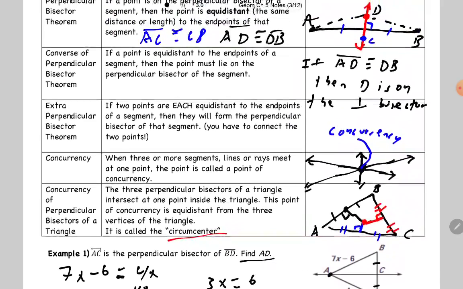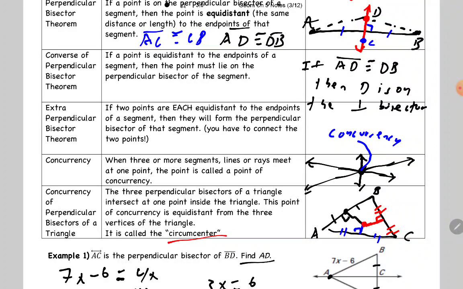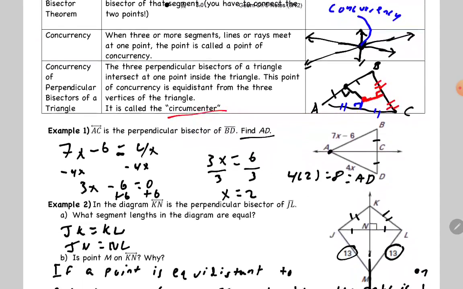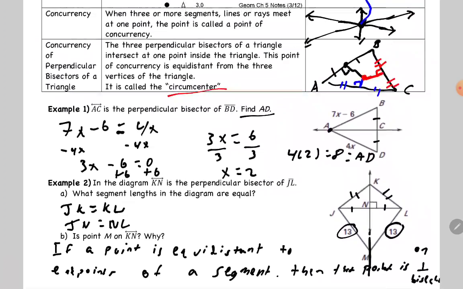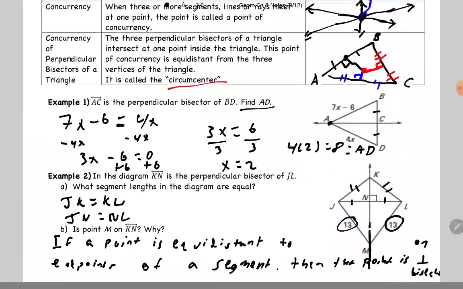And that is, right here, the converse. If a point is equidistant to the endpoints of a segment, then that point must lie on the perpendicular bisector. Okay, so you need to show that JM is equal to ML or congruent, and that'll tell you that it is on the perpendicular bisector.